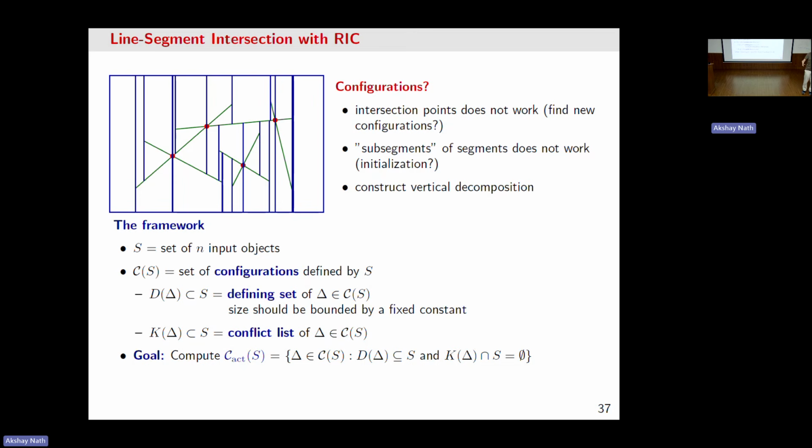If I give you the subset, then it should follow that it's active if and only if the whole defining set is there and nothing from the conflict list is there. In particular, it should not depend on in which order you have added the things.